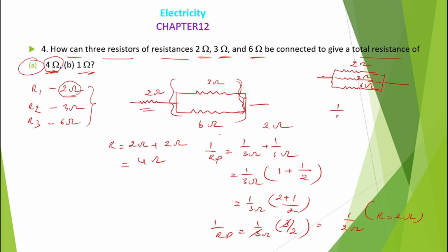So 1 by Rp is equal to 1 divided by 2 ohm plus 1 divided by 3 ohm plus 1 divided by 6 ohm. So I will take 1 by ohm as a common factor. Inside, 1 by 2 plus 1 by 3 plus 1 by 6.